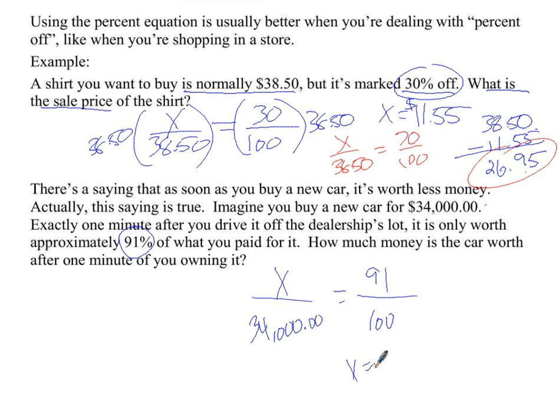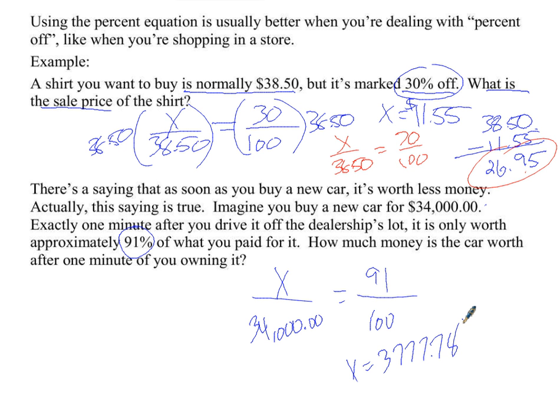What do we get? Sorry, what is it? So 3077. No. Yeah, 30,940.